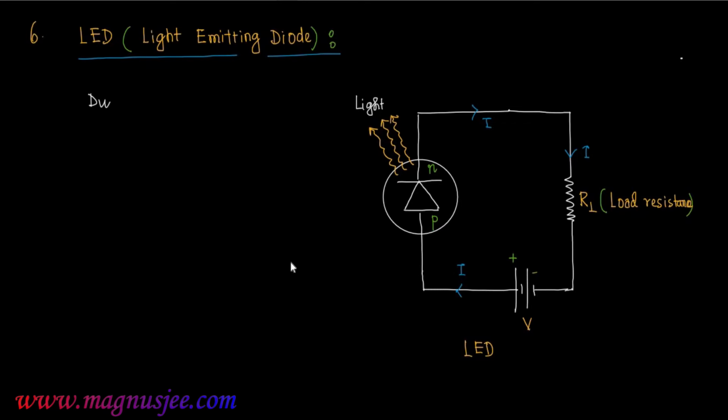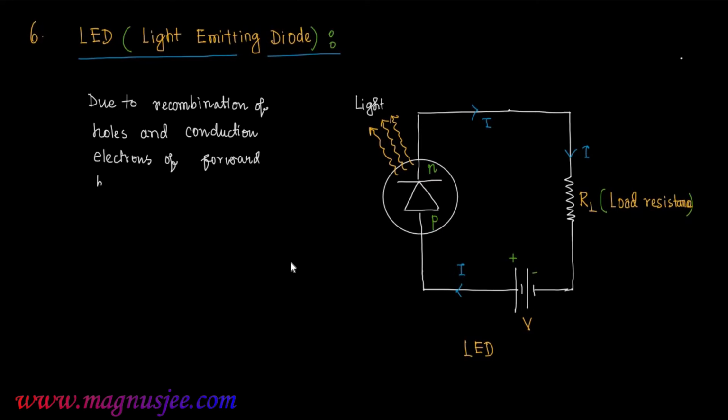The main concept is due to recombination of holes and conduction electrons of the forward biased PN junction diode, energy is released.